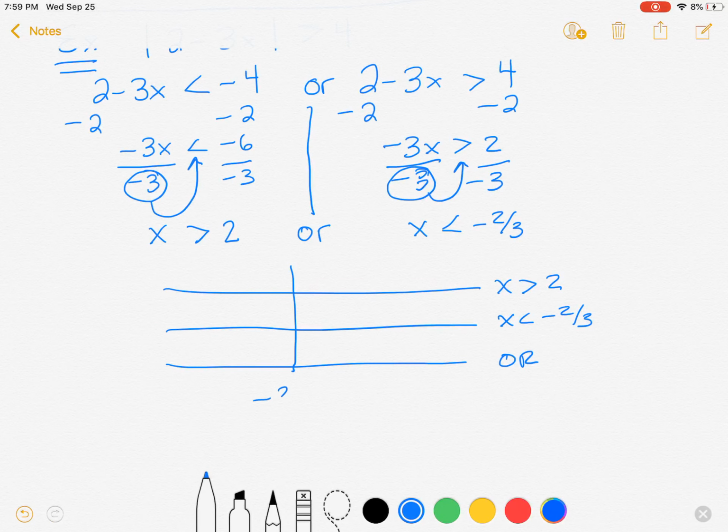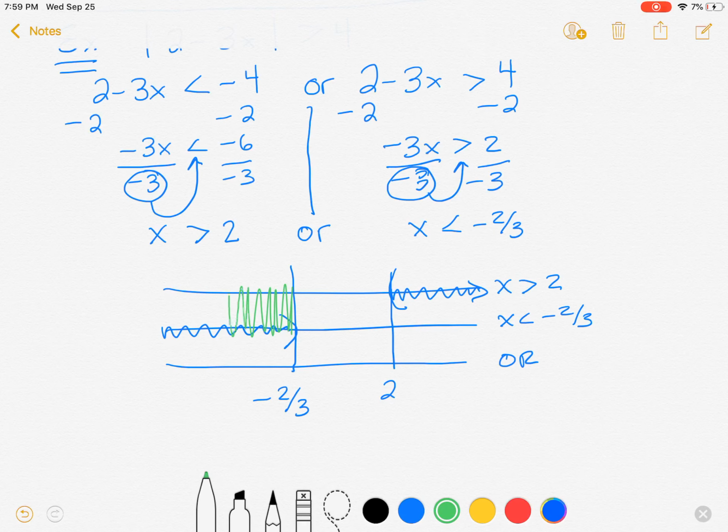So this time I've got -2/3 on the left, +2 on the right. All right, so I've got x greater than 2, which is parentheses to the right. X less than -2/3 is going to be parentheses to the left. Since this is or, I'm shading everything in both graphs.